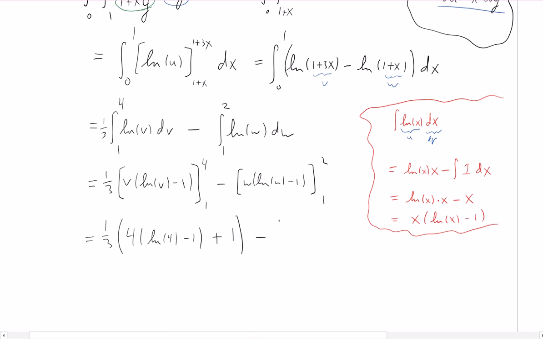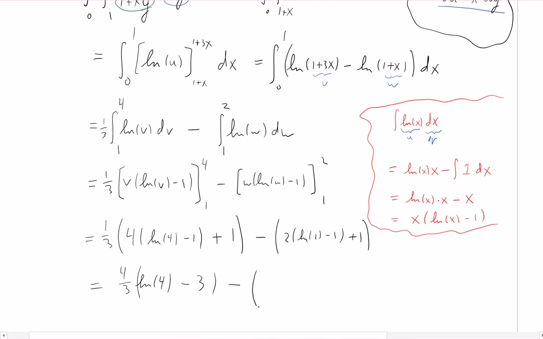Okay, now the second term. We plug in 2, it's 2 times (log 2 minus 1). And again, same thing as before. When we plug in 1, we just get negative 1. And now let's just distribute everything out. So we get 4/3 log of 4. And here we have, let's keep the parentheses, minus (4 minus 1), so minus 3.